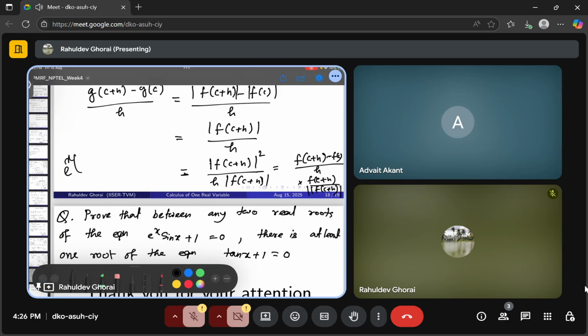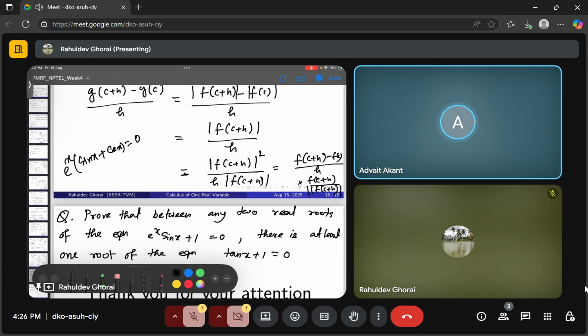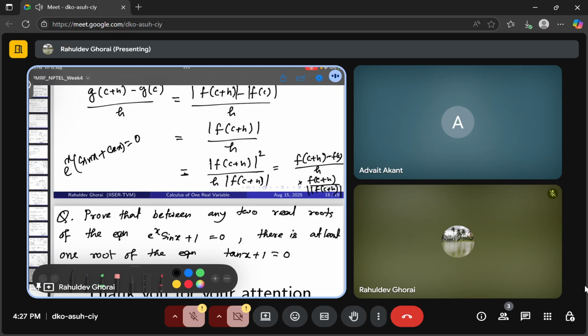Now cos x can be 0 when x is equal to pi by 2, 3 pi by 2, like that. Then sin x is equal to plus or minus 1, so the equation won't be satisfied. I got it. That root will not be there, so it will not be a root of the original equation either.